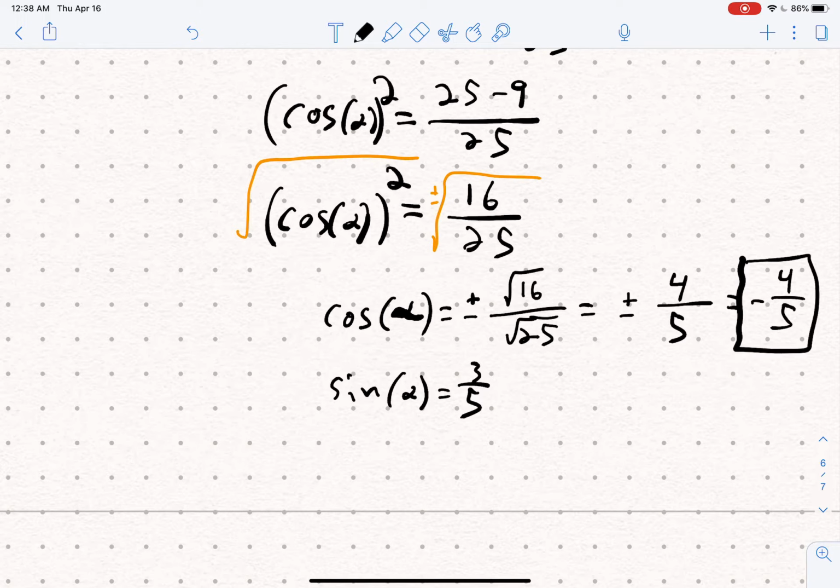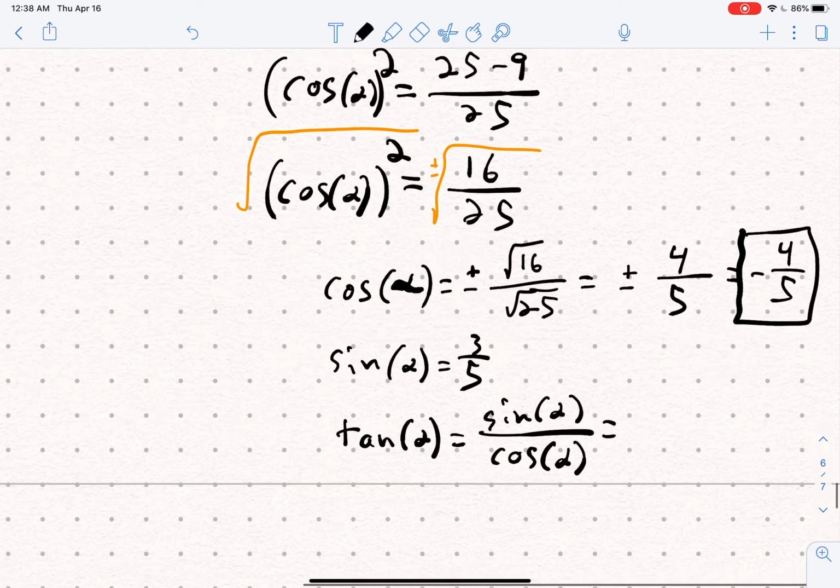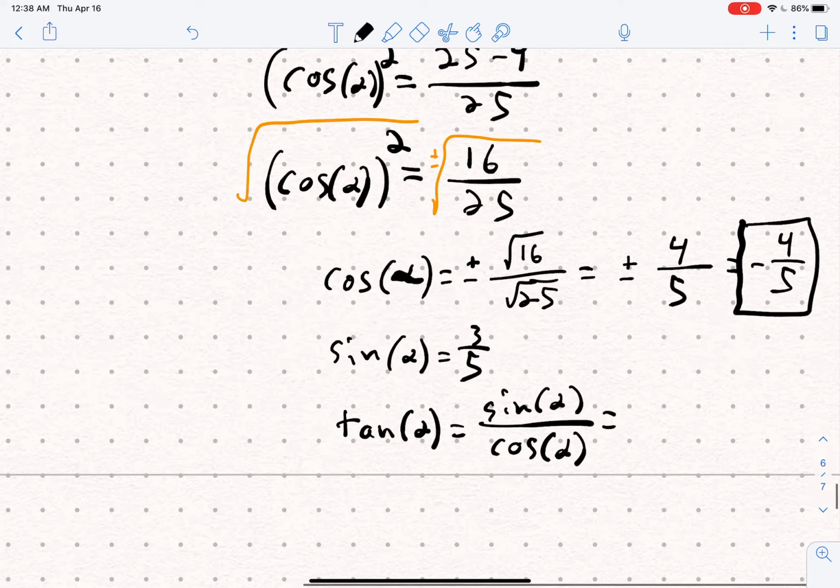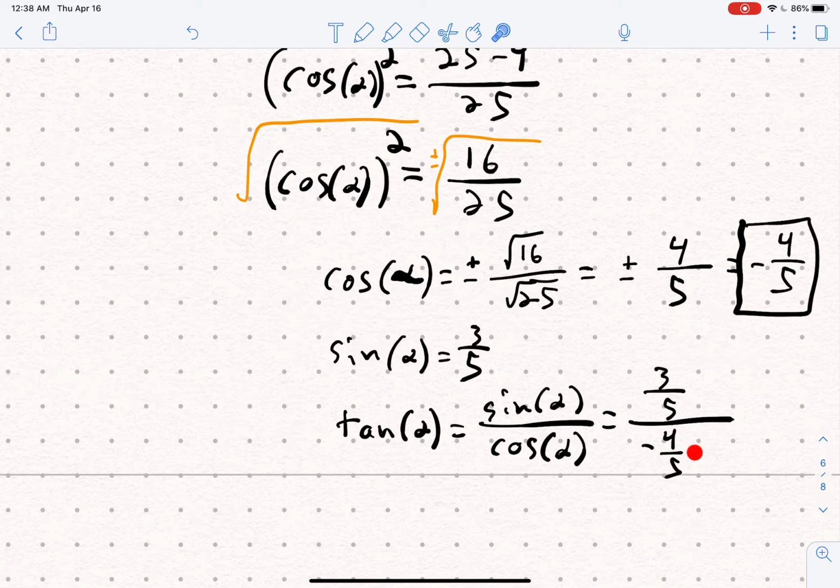And we've almost found all the trig functions, at least the 3 basic ones, sine, cosine, and tangent, for the original alpha. If you want, you can find tangent of alpha, which is sine over cosine. Sine alpha over cosine alpha. And let me see, that's going to be 3 over 5 divided by minus 4 over 5. Now, a fraction on top of a fraction, we're going to want to bring that up to the top and flip it over.